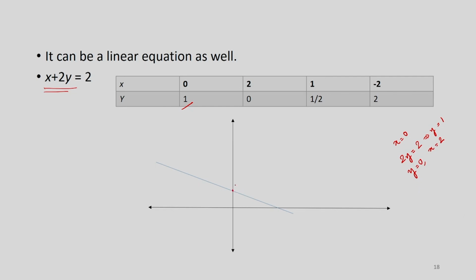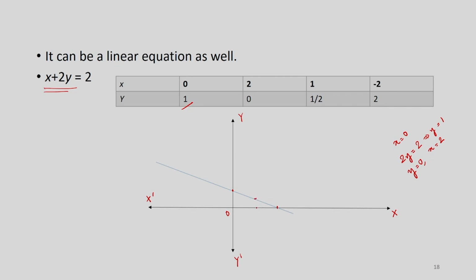So, you are talking about this point. Y 0, x 2. So, this is the point (2, 0). X is equal to 1, y is equal to half. So, this is the point.